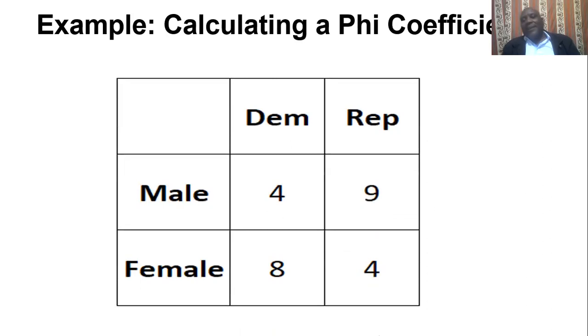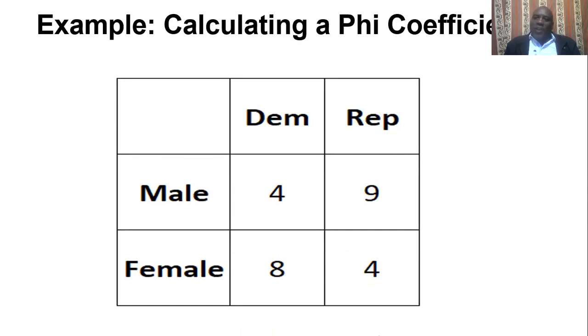We have 4 males for the Democratic Party, 9 males for the Republican Party, 8 females for the Democratic Party, and 4 females for the Republican Party. In total, there were 25.